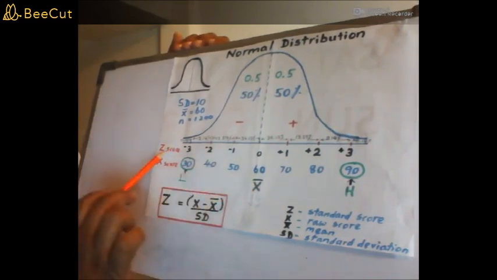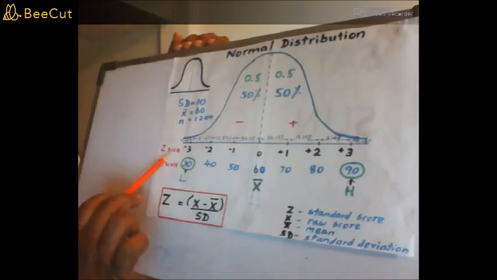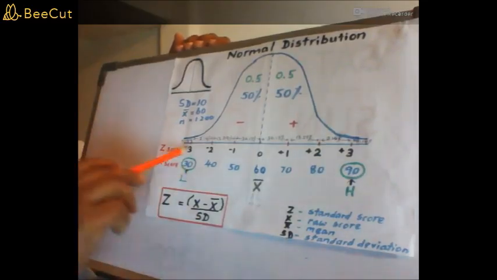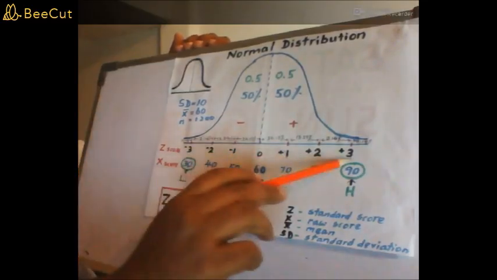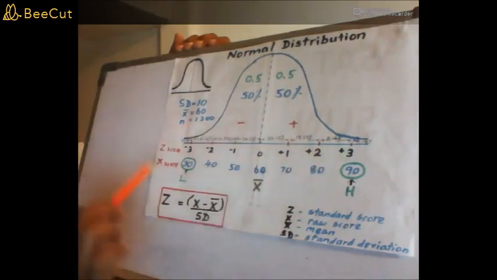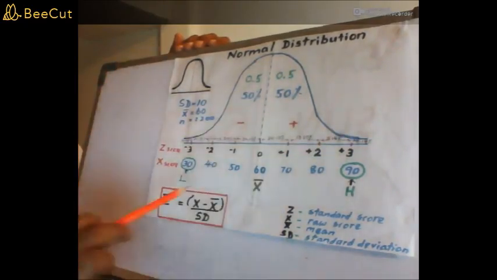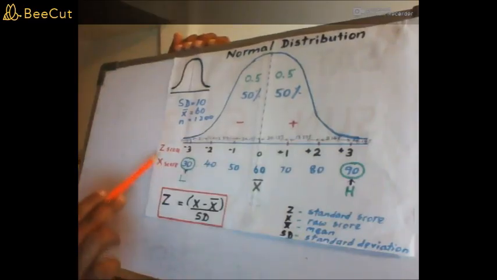And you can see there's another scale, Z scores. Above these X scores, raw scores, we can write the Z scores. I'll come to this later. Right? Then we have the curve. From this, now you can see Z scores are there.